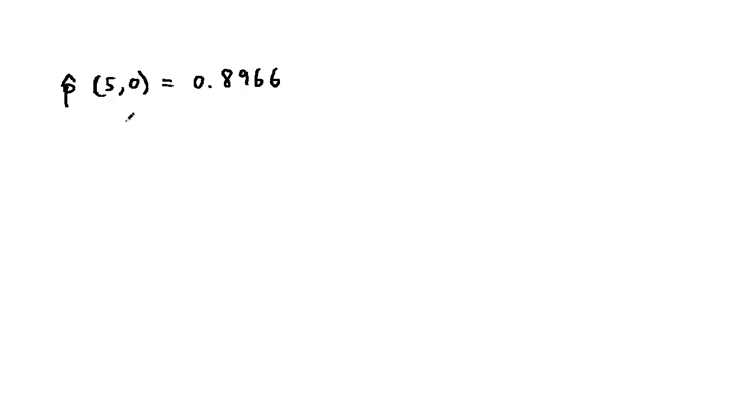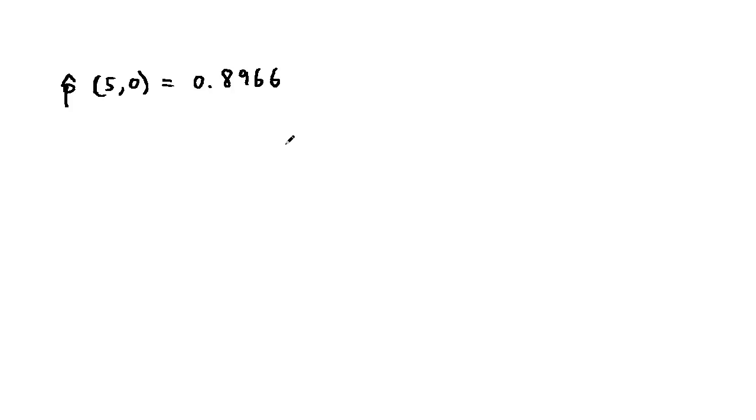Now for part D, p hat of (5, 0) is given by 0.8966. Since there are only two classes, we classify x as of class 1 if p hat of x is bigger than 1/2.